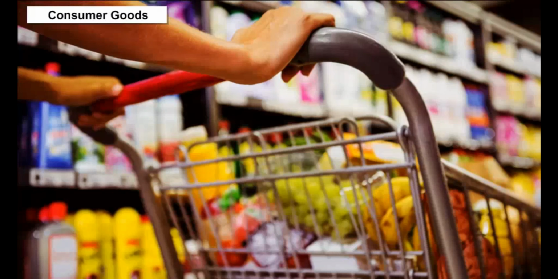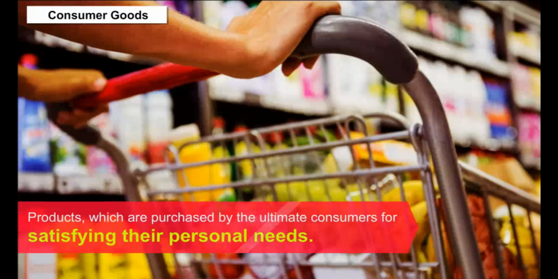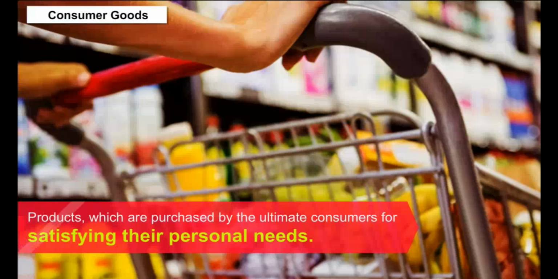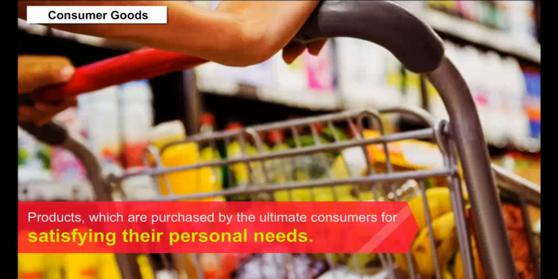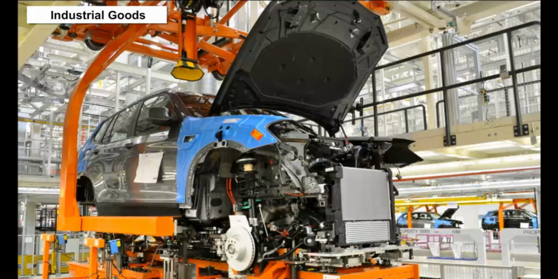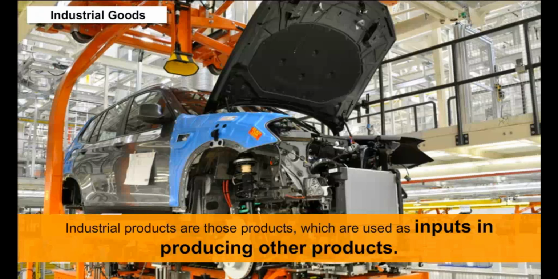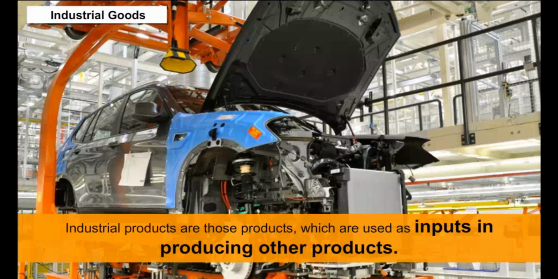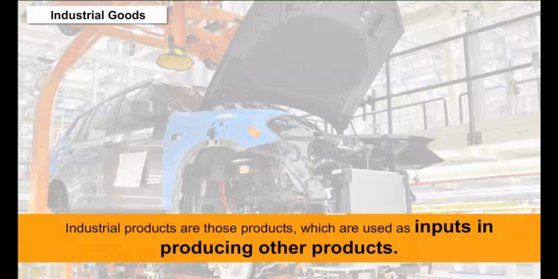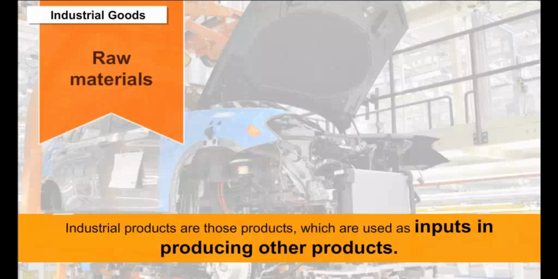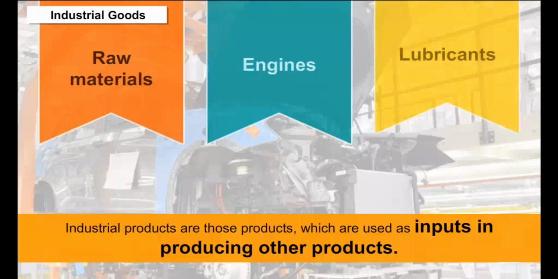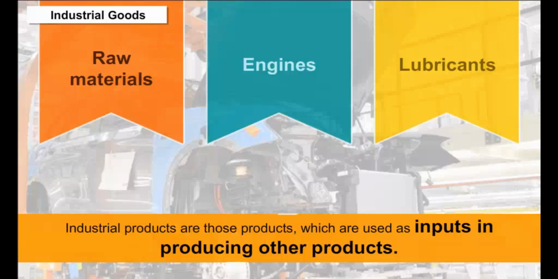Consumer goods. Products which are purchased by the ultimate consumers for satisfying their personal needs. Industrial goods. Industrial products are those products which are used as inputs in producing other products. The examples of such products are raw materials, engines, lubricants, etc.